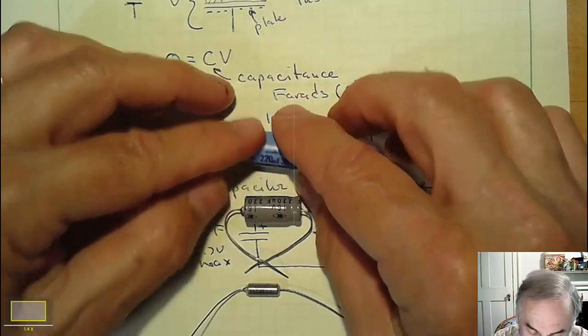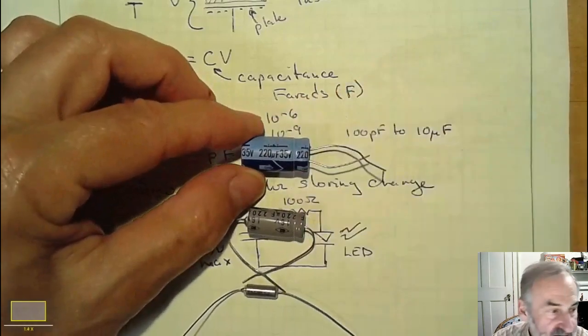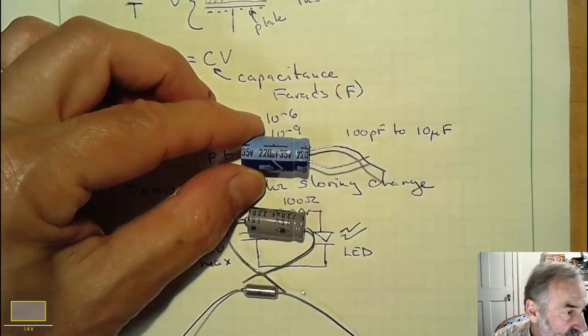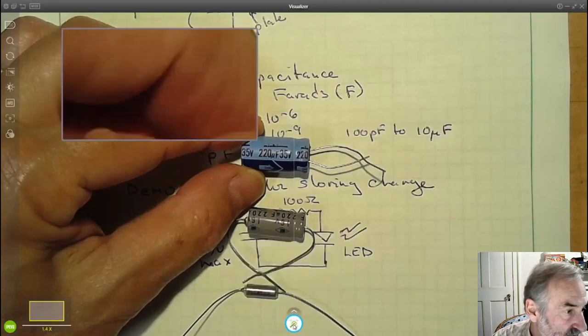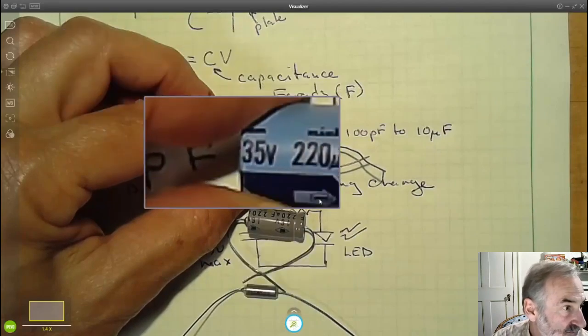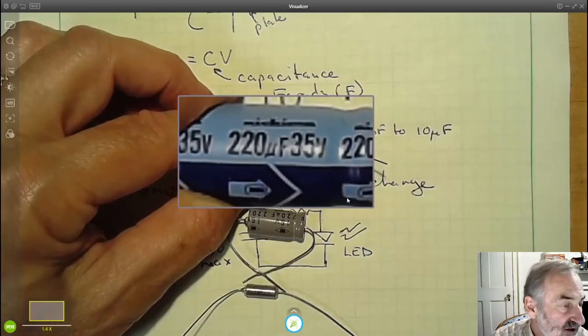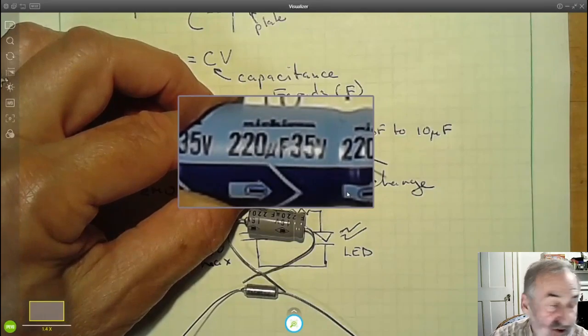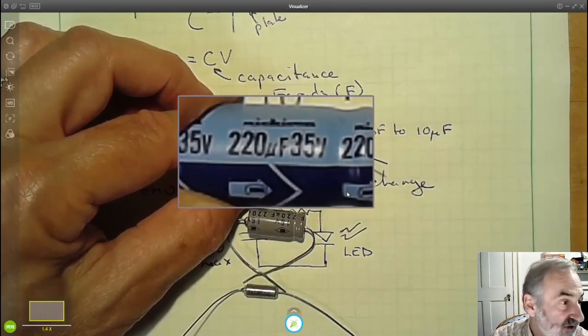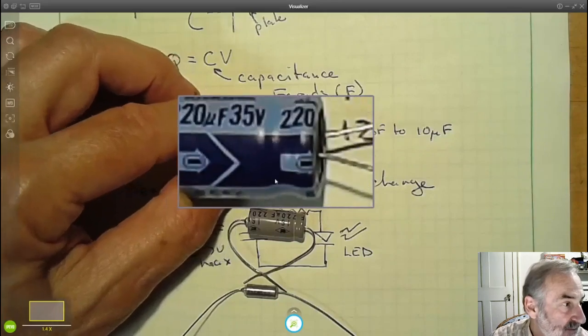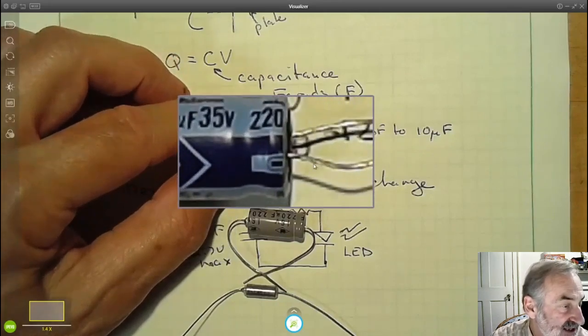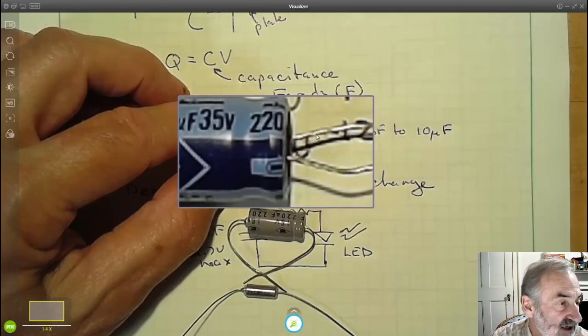Now these are pretty easy to read. Let's zoom in here. We know that that's a 220 microfarad, 35 volt capacitor, so you can't put more than 35 volts across it. And this minus sign tells us that this lead should always be more negative than that one.